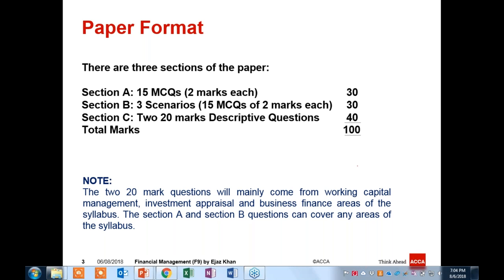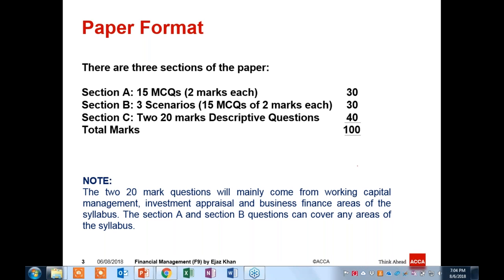So it's very important to have a grip on objective type questions, and as the course will progress, we will learn some techniques of how to gain maximum marks in these 2 sections. And then there will be section C, which will have 20 marks descriptive questions, which are called constructed response questions.